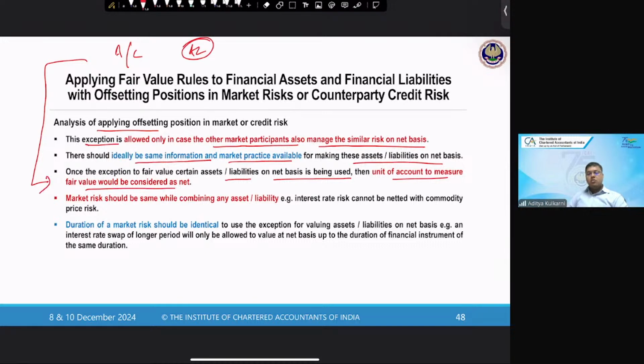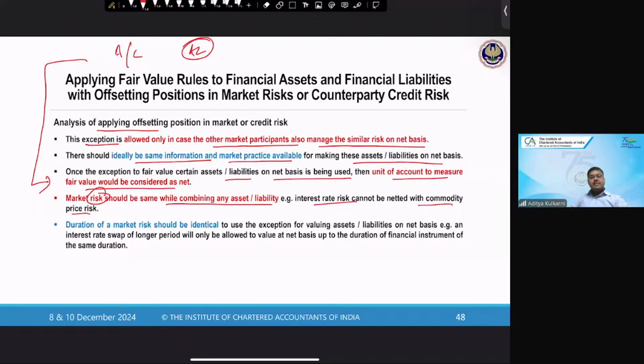The market risk should be the same while combining any asset or liability. For instance, interest rate risk cannot be netted off with commodity price risk. So you will have to check what you are netting. Receivables and payables is automatically a similar settlement because this is related to exchange rate fluctuations.